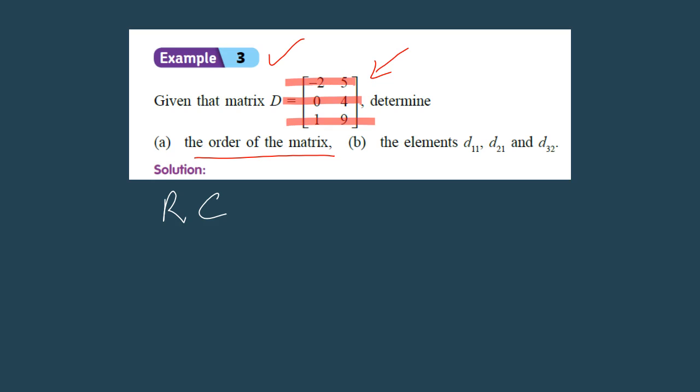So the order for A is 3 by how many columns? 1 2. So 3 by 2. Okay, make it clearer. 3 by 2. Okay, done.